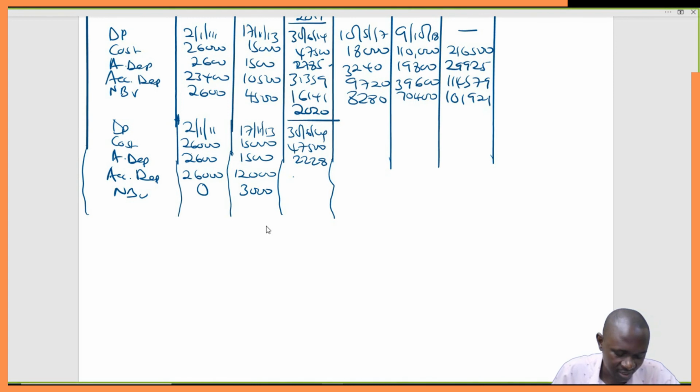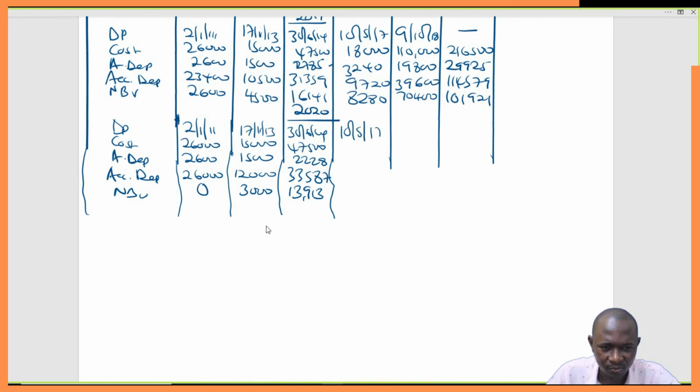That gives you 33,587. 33,587 minus 47,500. This gives you 13,913. Like that. So 13,913, come here. That's the value of that asset as at that particular time.